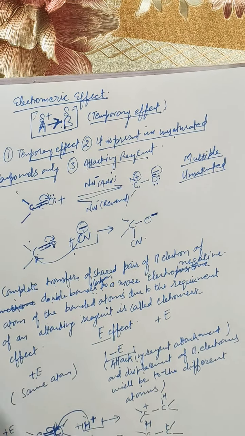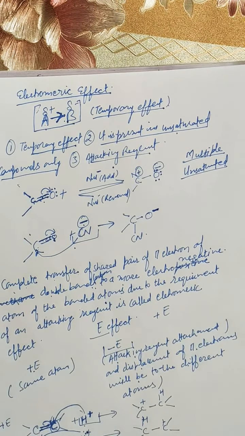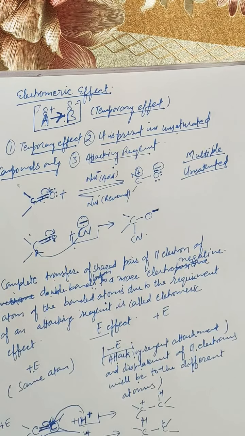These are very important topics, both the inductive effect and the electromeric effect. Organic chemistry is a very vast branch of chemistry, and you will hear these terms again and again: inductive effect, electromeric effect, or some group showing plus I effect, some group showing minus I effect, or plus E effect, or minus E effect.